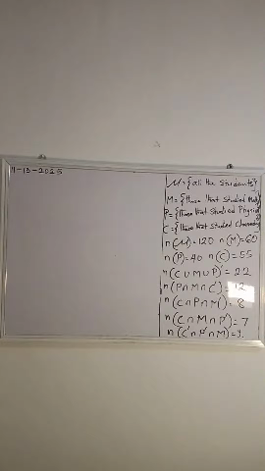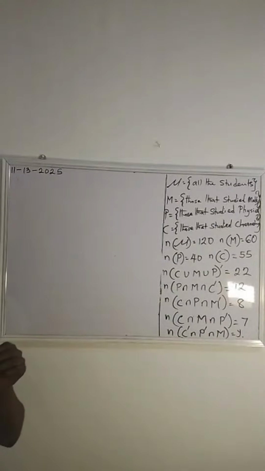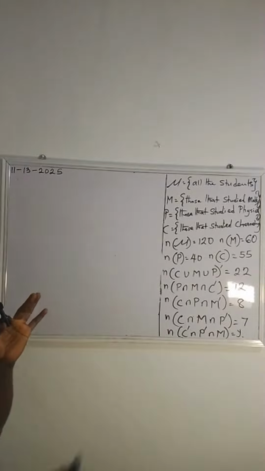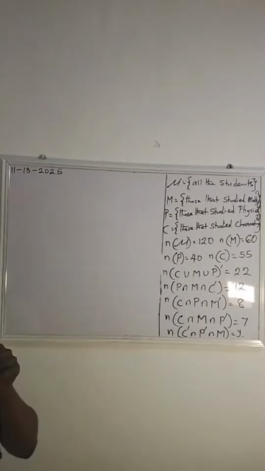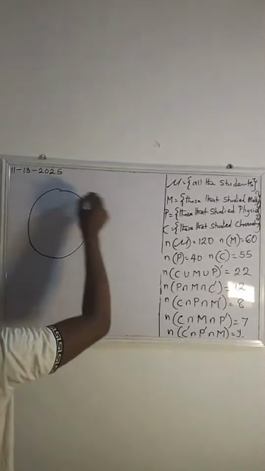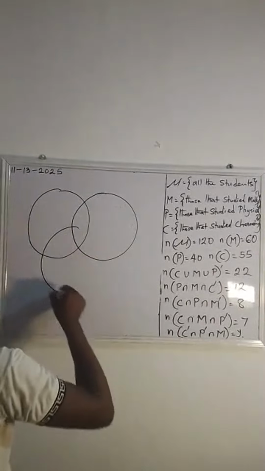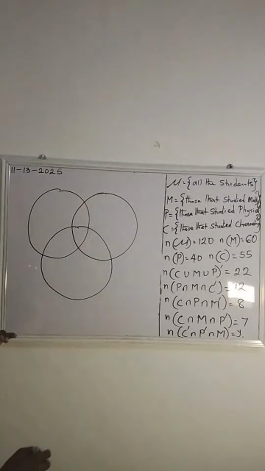All right. So now we have everything in set notation. So now let us draw our Venn diagram. 3 subsets. We have the first one, the second one, and the third one.